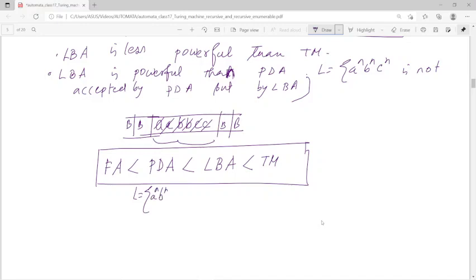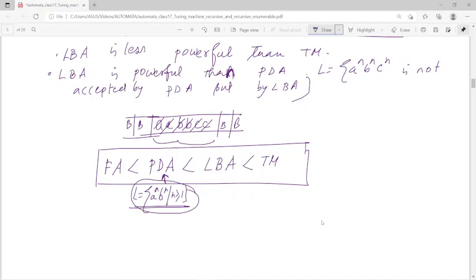That means this particular language where n is greater than or equal to 1, that is accepted by the PDA but not accepted by finite automata, and the reverse is not true. There should not be any language which is accepted by finite automata but not accepted by PDA. That is not possible.